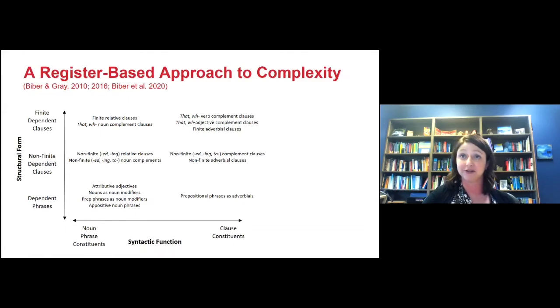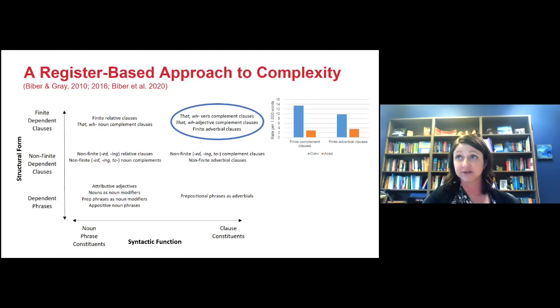very different patterns, or different types of grammatical structures occur in different registers. So for example, features that are clausal in terms of their form and function as clause constituents, so things like verb complement clauses, adjective complement clauses, and finite adverbial clauses, they show a very clear register pattern.